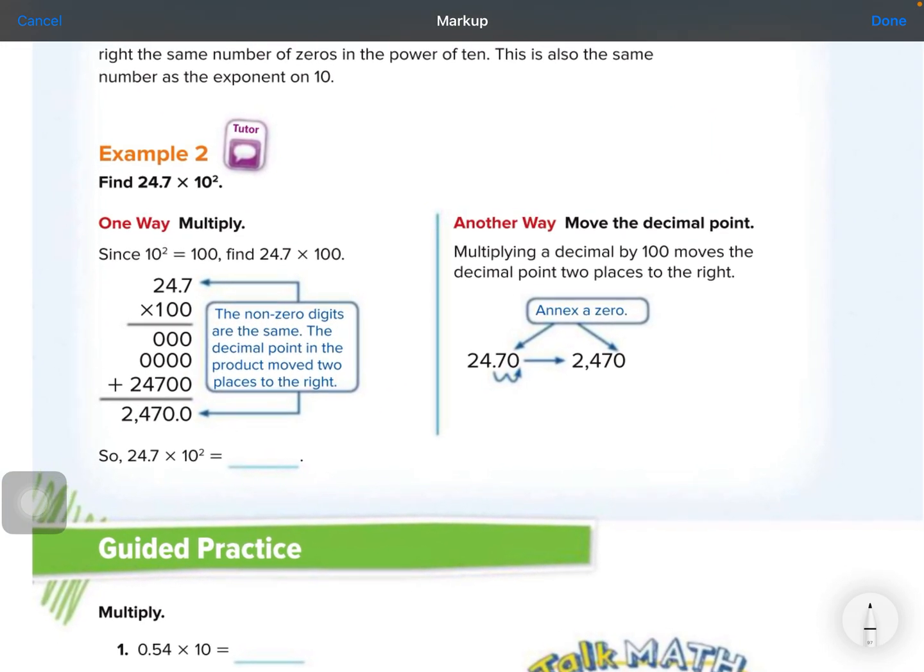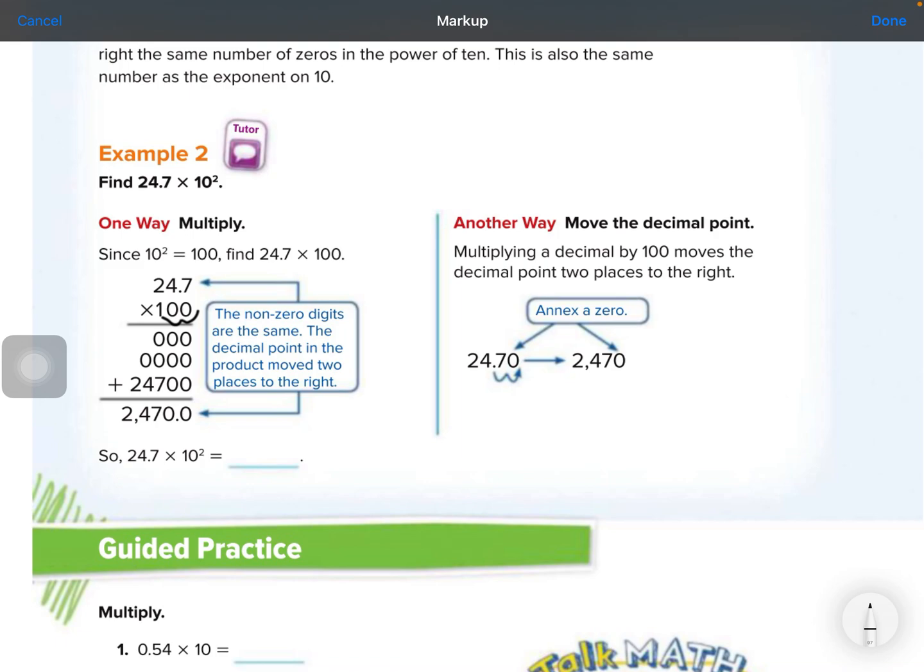Okay, here we go. Example 2, 24.7 times 10 to the second power. So let's translate this. 10 to the second power is like saying 10 times 10, which equals 100. So we have 24.7 times 100. And we have 2 zeros there.